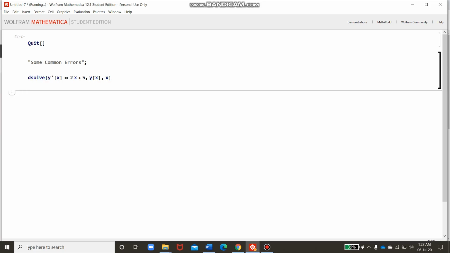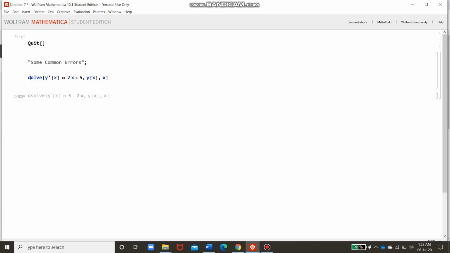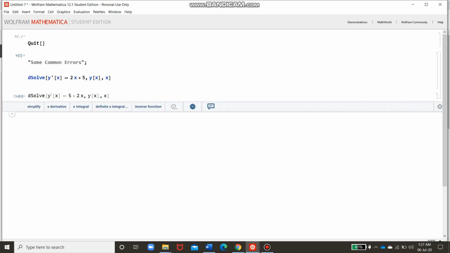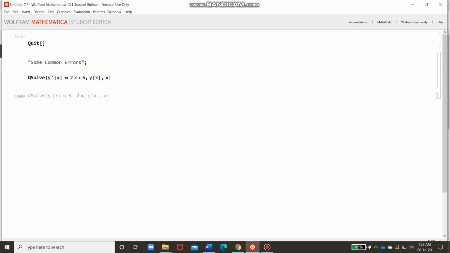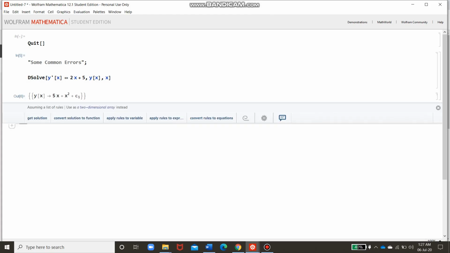If I press shift enter, I'm not getting any output. Or if I correct it to capital S over here and again do it, I'm still not getting an output. If I put capital D and capital S, and then press shift enter, I get an output.